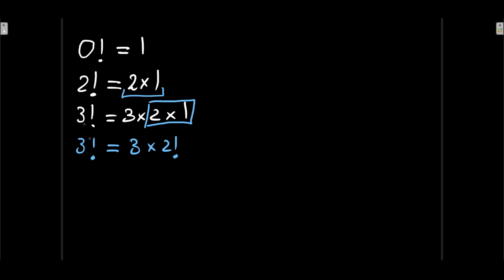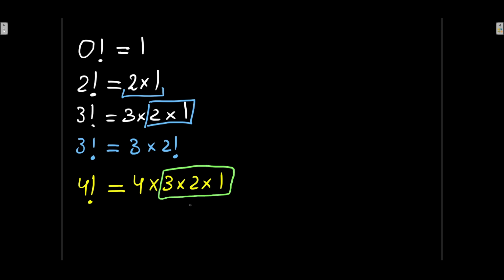Likewise, 4 factorial can be written as 4 times 3 times 2 times 1. But here we can observe that we have 3 times 2 times 1, which can be written as 3 factorial. That means 4 factorial can be represented as 4 times 3 factorial.